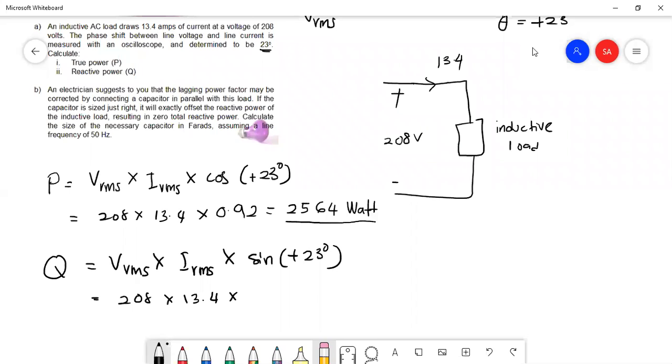Sine 23 degrees is 0.39, and this will give you the value of 1089 var.